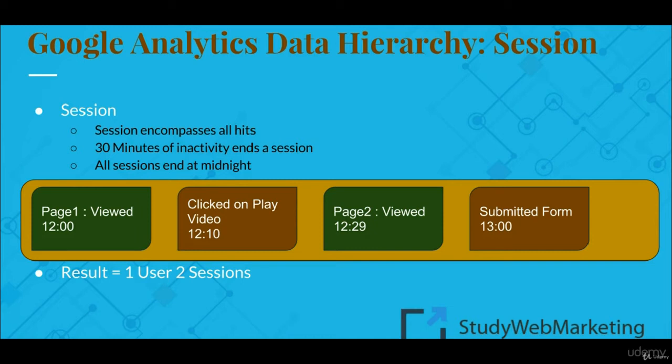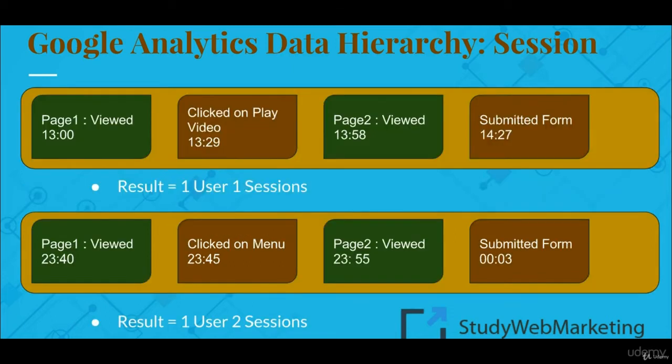While the first three events, page viewed 1, page viewed 2, and click on video, will be part of the first session because there is no gap of 30 minutes between them. Now this flow will result in one user and two sessions.